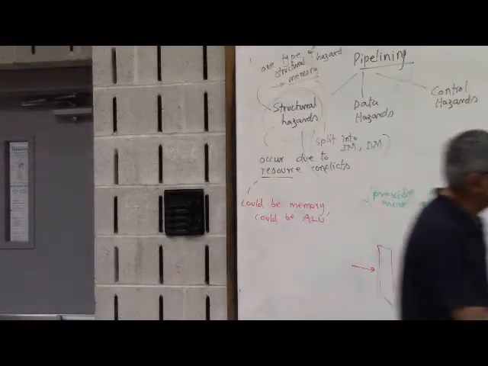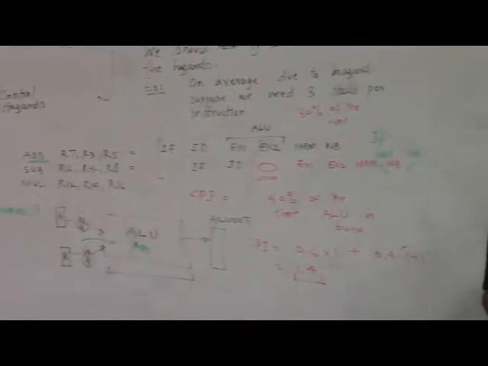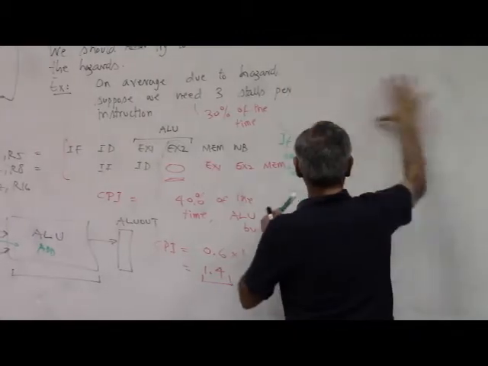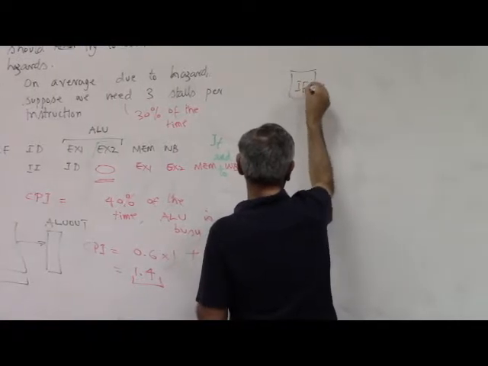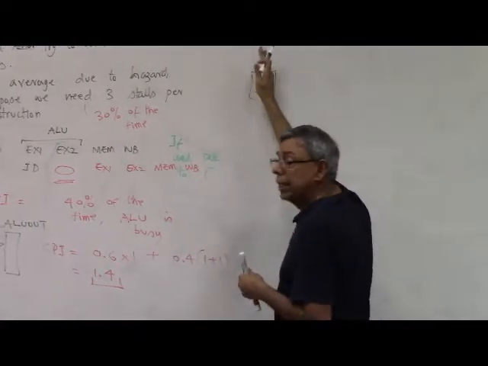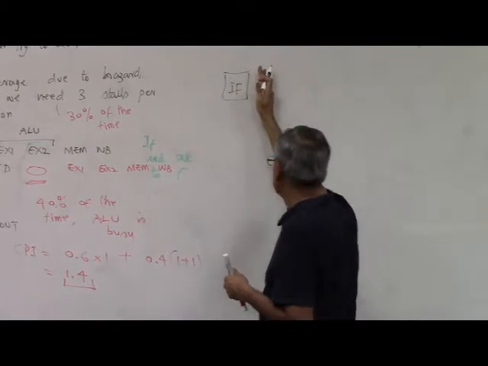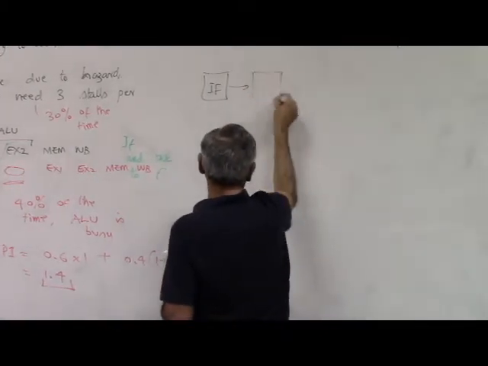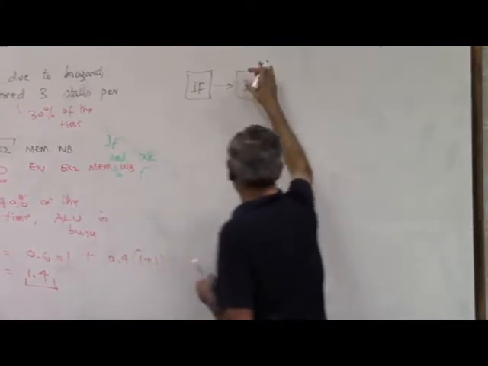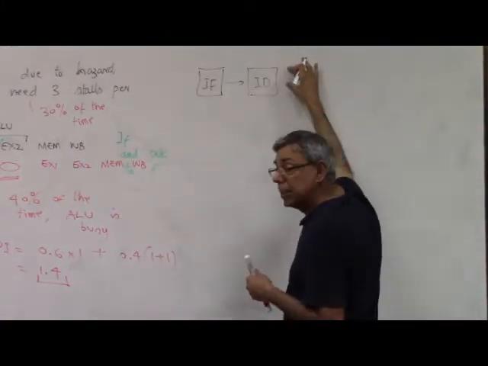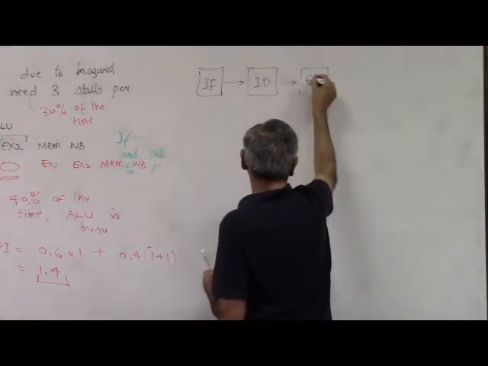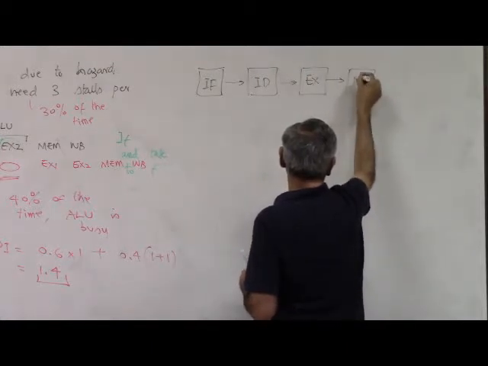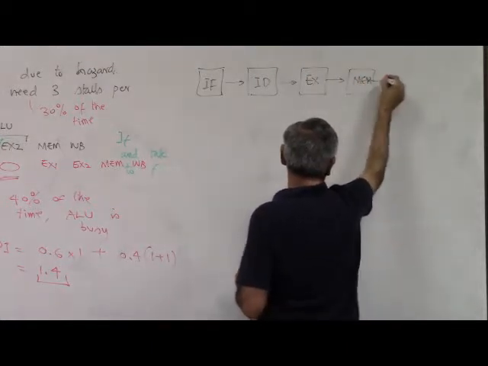So from a pipelining point of view, think of it this way. Rather than drawing the full data path over here, suppose this is our IF phase, which is really the program counter reading from the instruction memory going to the instruction register. Then we have the decode phase, which basically reads the registers from the register array and copies them into A and B. So let's put EX over here, and MEM and write back.